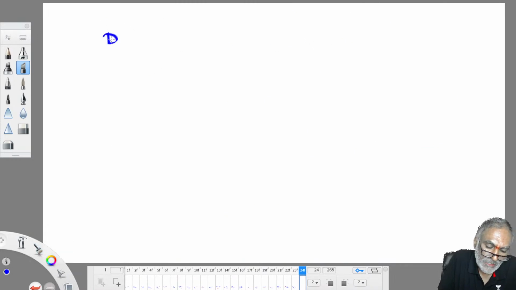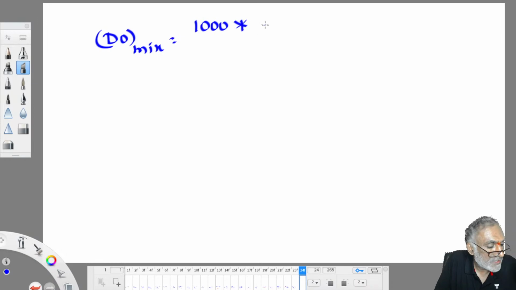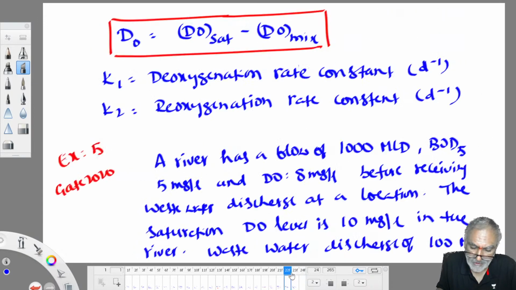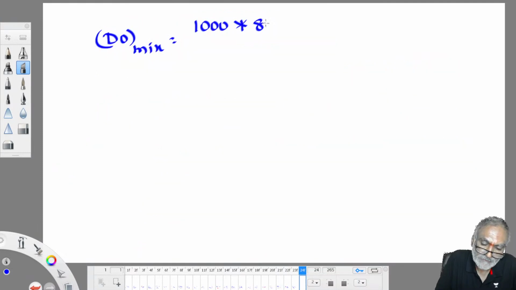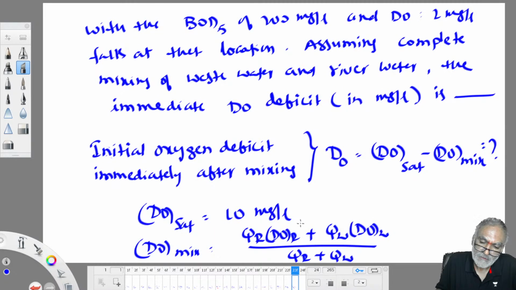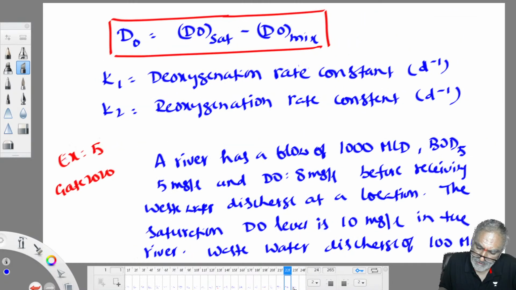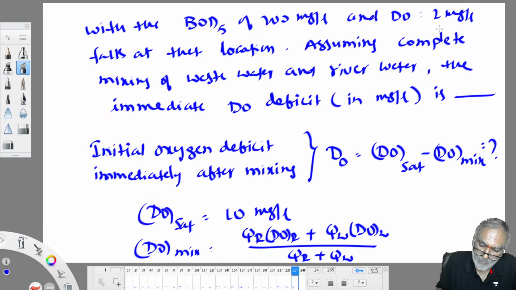So you are mixing two things. DO mix is equal to 1000 MLD with the DO 8 milligram per liter, and 100 MLD of waste with the DO 2 milligram.